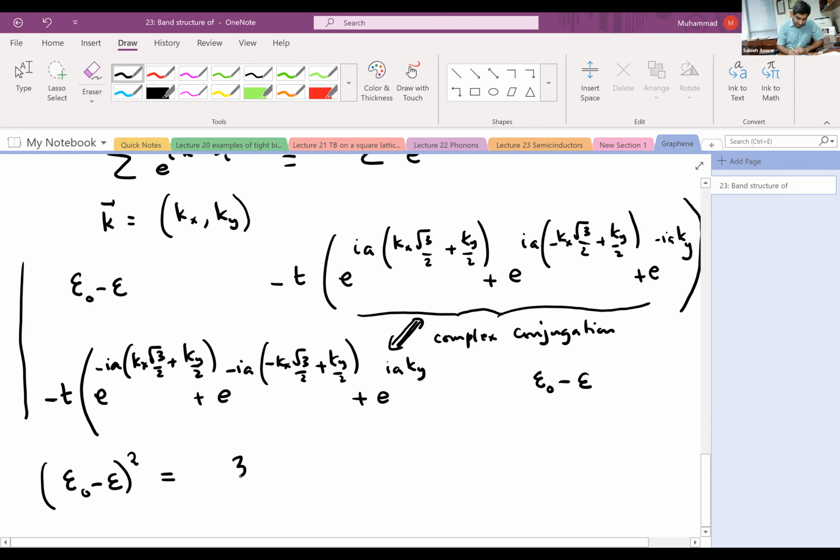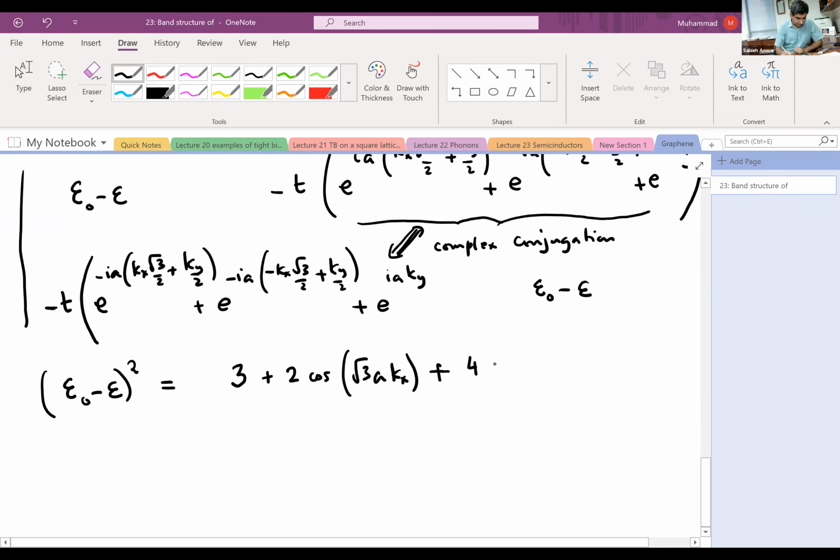I will get 3 plus 2 cosine of 3 a kx plus 4 cosine a over 2 under root 3 kx cosine of 3 over 2 a ky. Okay, let's do one step further.